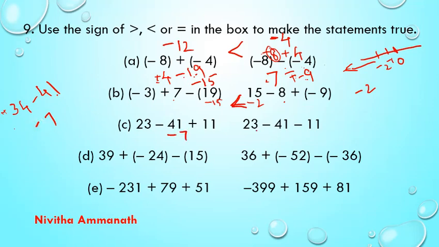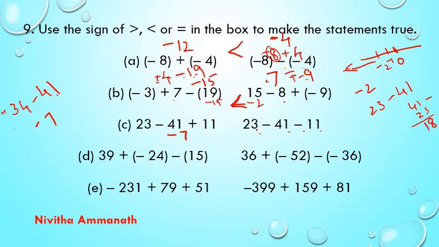Next one, 23 minus 41 minus 11. So you have to write 23 minus 41 first. You have to find the difference, right? 41 minus 23, that is 18.